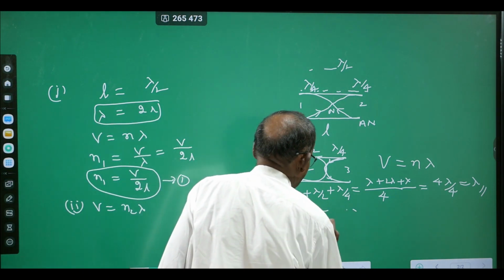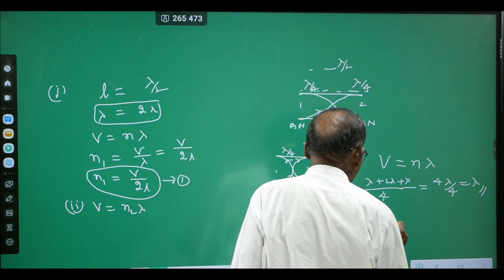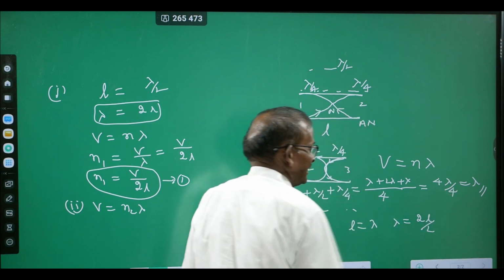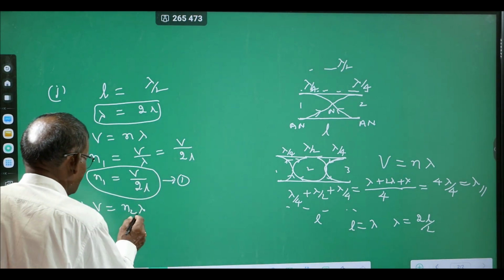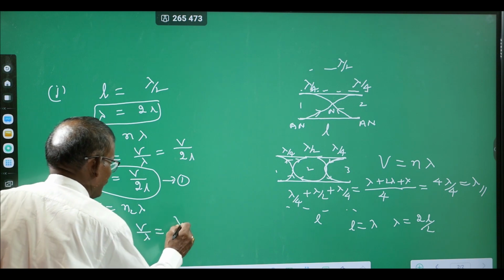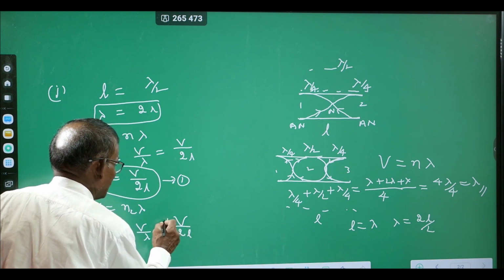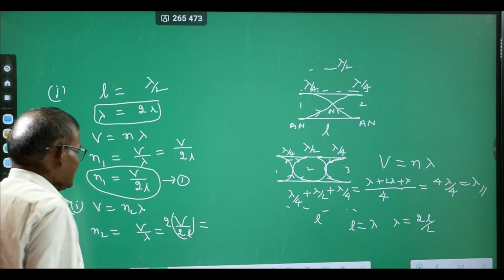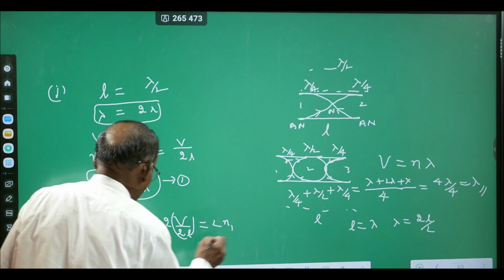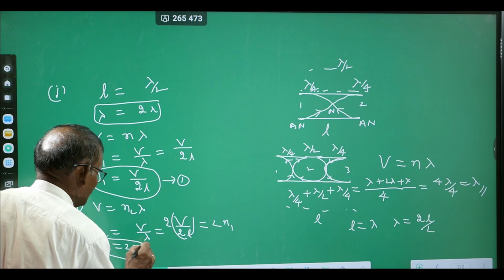Total length is L, so L is equal to lambda, or lambda can be written as 2L by 2, the 2 cancels, and we get L. Therefore n2 is equal to V by lambda, that is V by L, which is 2 times V by 2L. We know the V by 2L value is n1, so n2 is equal to 2 n1. Say this is equation 2.